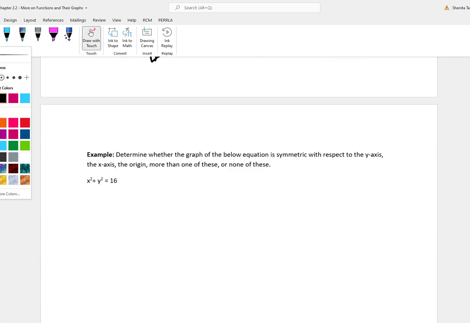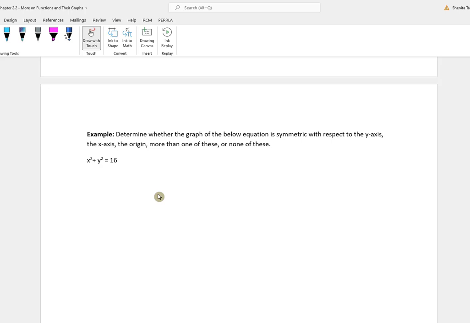All right, let's look at another one. We have x squared plus y squared is equal to 16. First let's check symmetry about the x-axis. We're going to set y equal to negative y. I get x squared plus negative y squared is equal to 16.